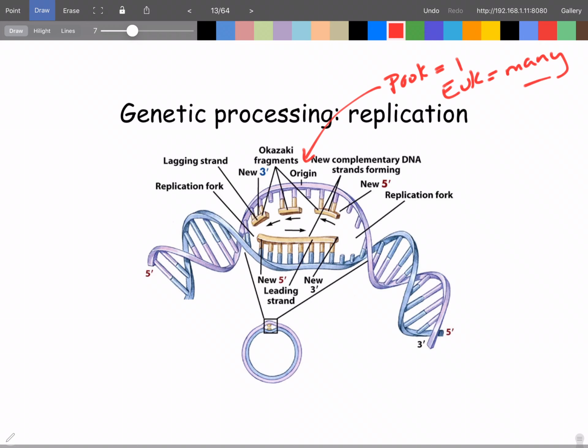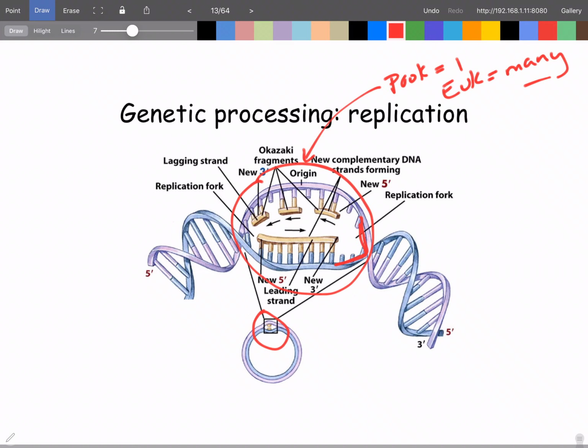Now, they're showing you where this origin is recognized by replication enzymes and being opened up. So there's just a small region here that's being opened on this circular chromosome, or it could be a plasmid. They use the same mechanism. So then we have a replication fork here, right?